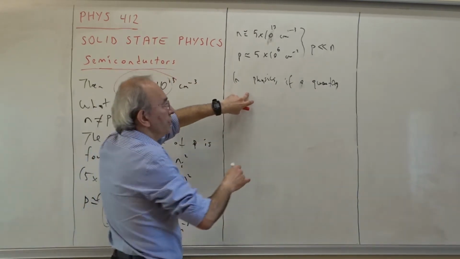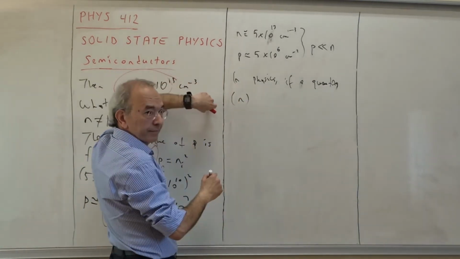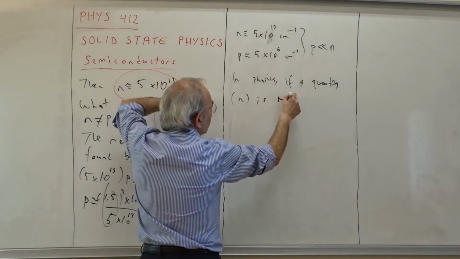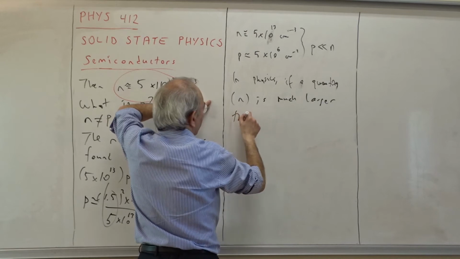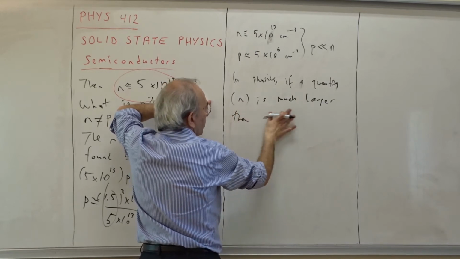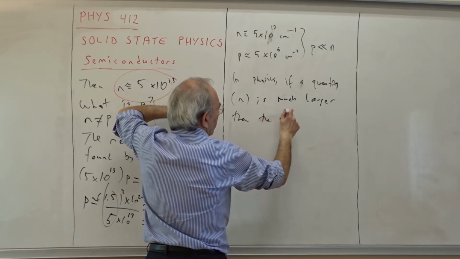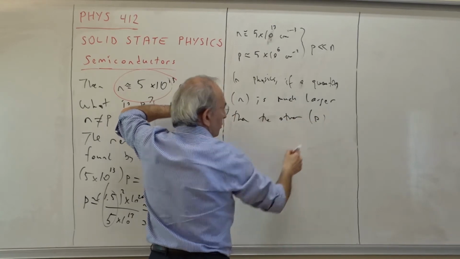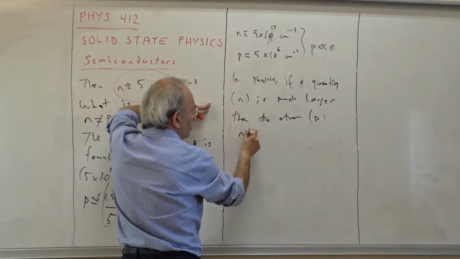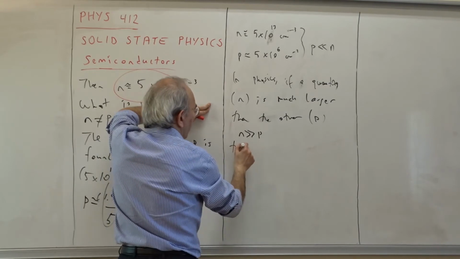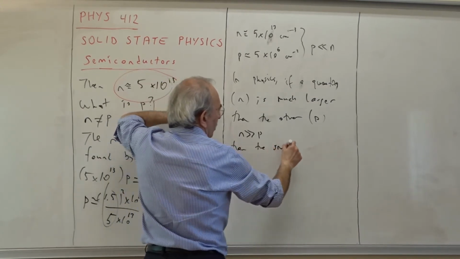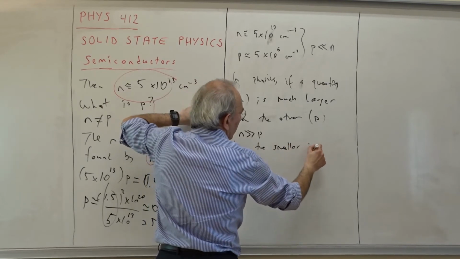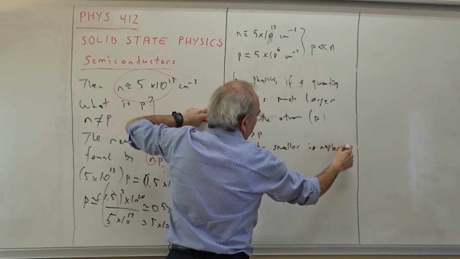In physics, if a quantity such as n is much larger than the other, such as P in this case, so we have that n is much greater than P, then the smaller is neglected.